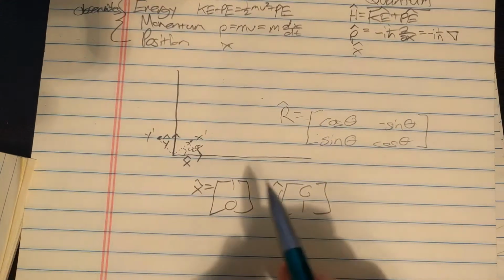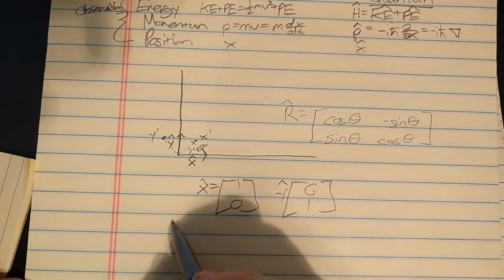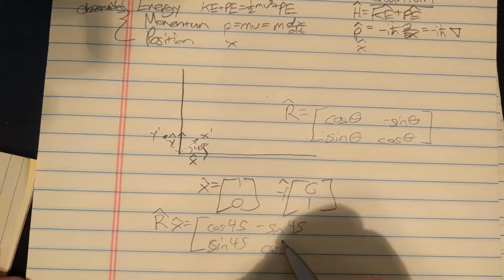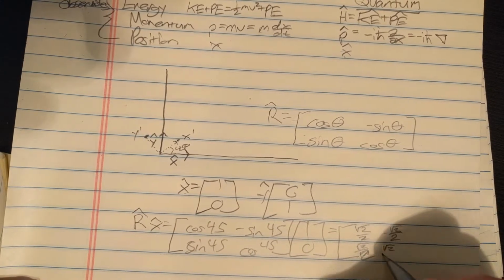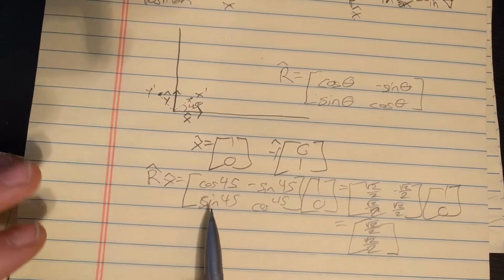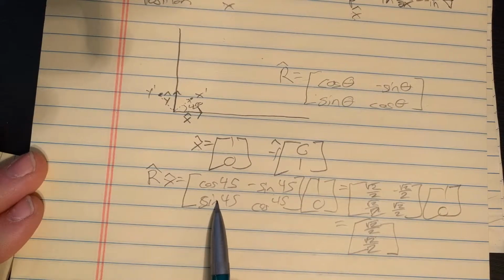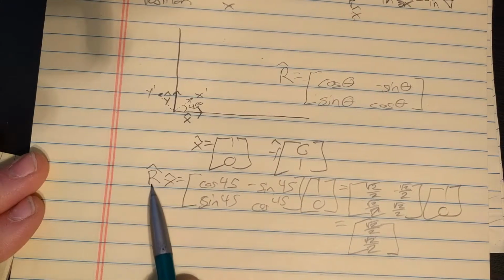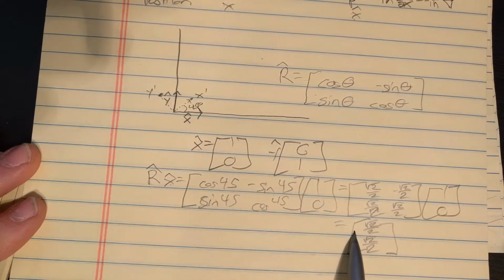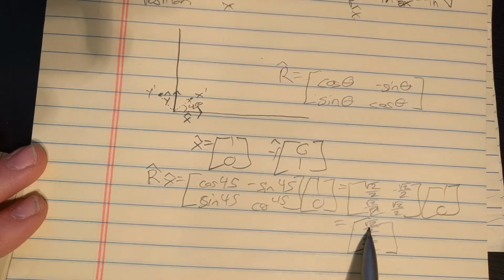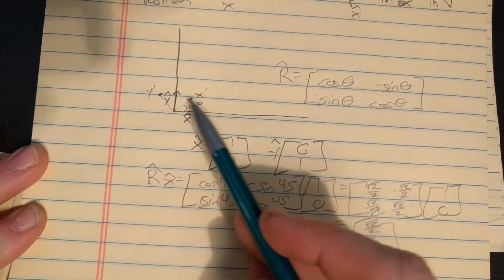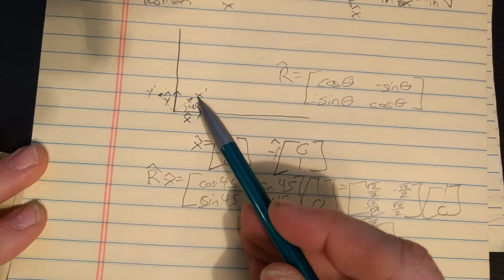For instance, let's operate on our x hat vector. If we go through the math and do our matrix multiplication, we find that our operator operated on our vector and produced a new vector, whose elements are root 2 over 2 and root 2 over 2. That's exactly where we would expect to find this x prime.